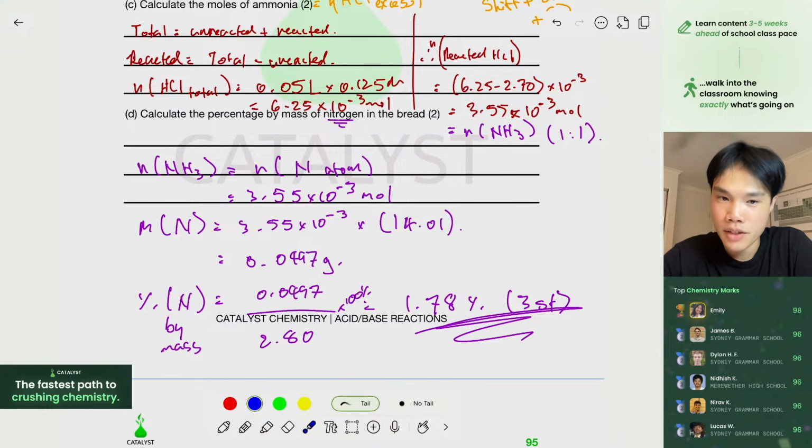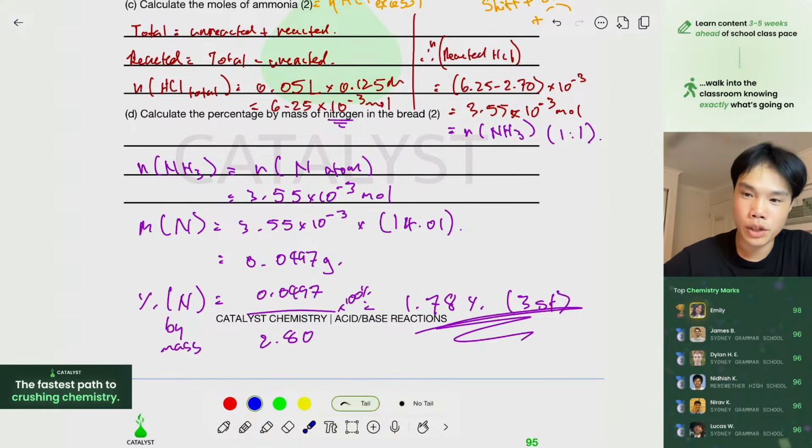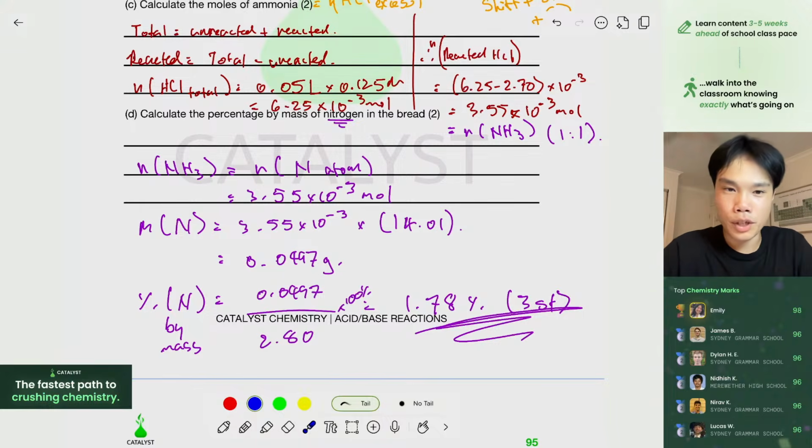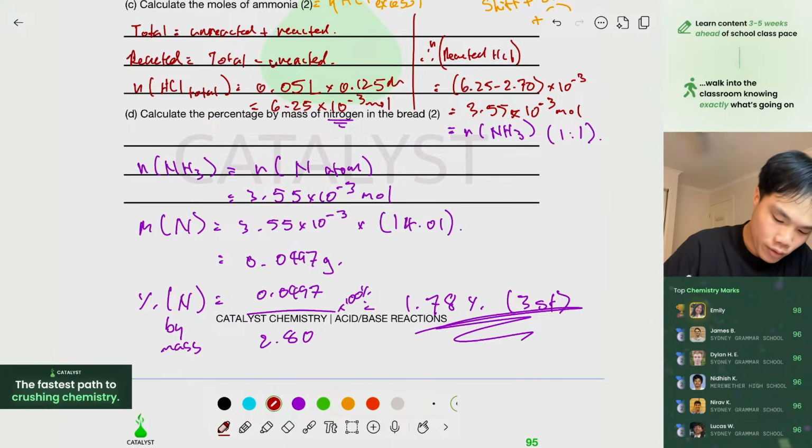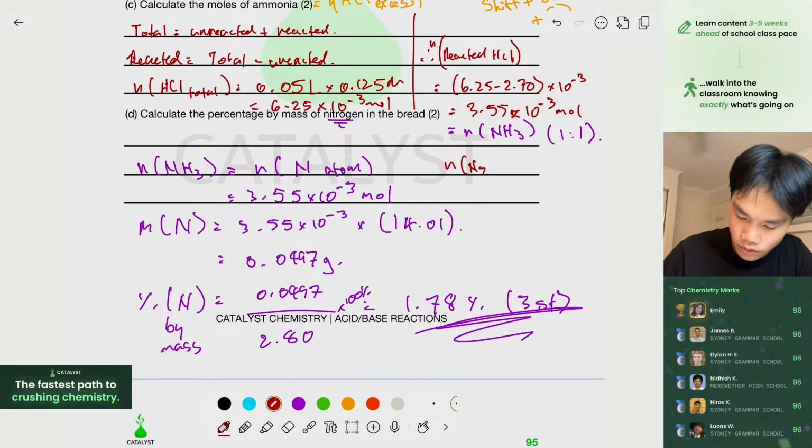Question from Jared, why isn't it N2? It could be N2, but it doesn't really matter for us, because whether it is N2 or N, we know that the total number of nitrogen atoms is this number. If it was N2, sure, the moles of N2 would be 3.55 times 10 to the negative 3 on 2.